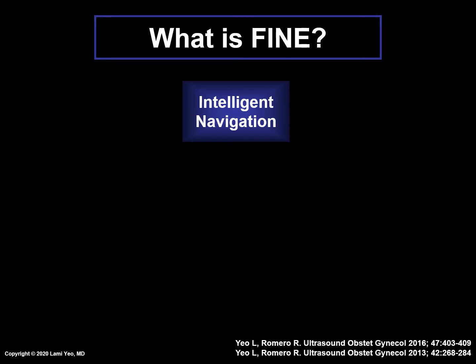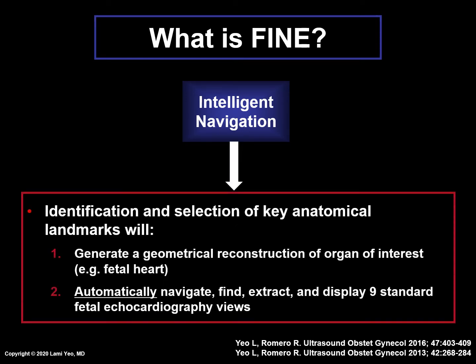By identification and selection of key anatomical landmarks, the system will generate a geometrical reconstruction or model of the organ of interest, such as the fetal heart, and then automatically navigate, find, extract, and display specific planes, in this case, 9 standard fetal echocardiography views for the Fine method.